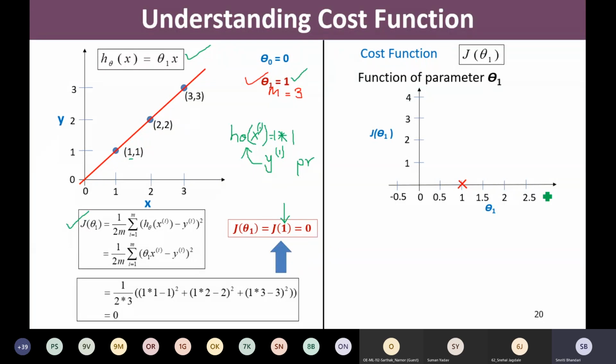We are going to come up with a plot of the cost function, and based on that plot of J of theta 1, we are going to come up with some concept. We will continue our discussion in the next session on the intuition behind the cost function.